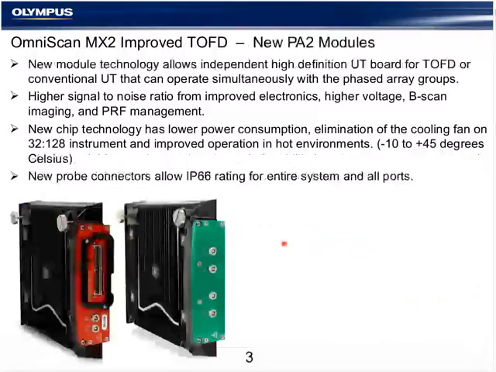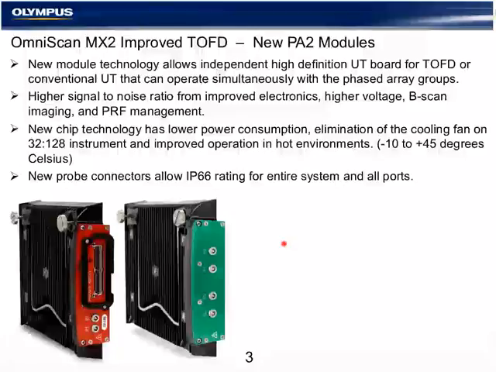The new PA2 modules that have just recently been released from Olympus allow an independent high-definition UT board for conventional UT that can operate simultaneous with the phased array groups.